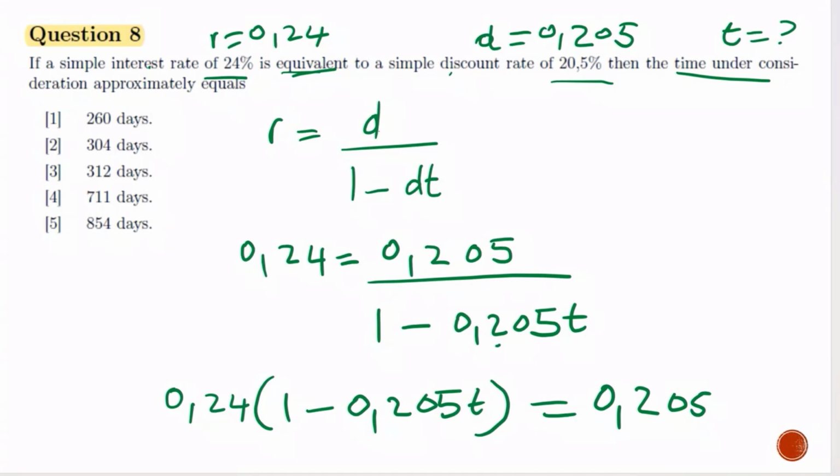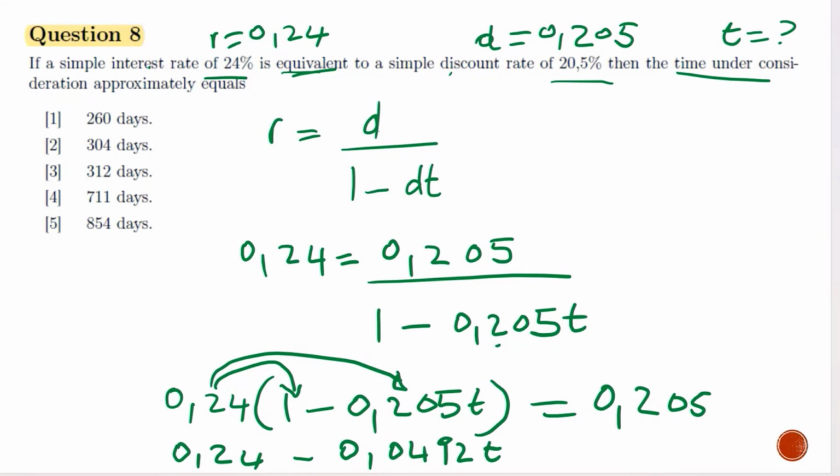Okay, so now you are going to do what we call the distributive law. So you are going to have 0.24, whereby you multiply this by that and multiply this by that. We call it the distributive property. So you are going to have negative 0.0492T is equal to 0.205.